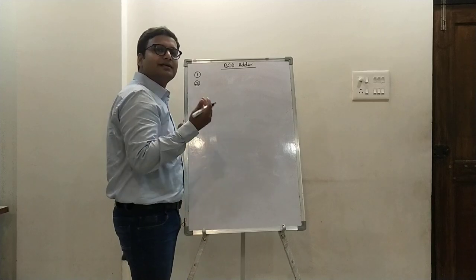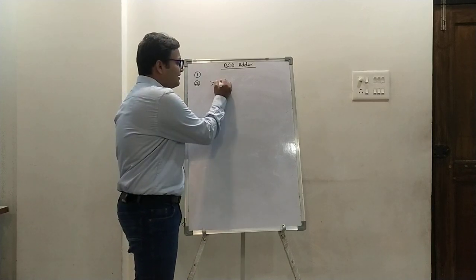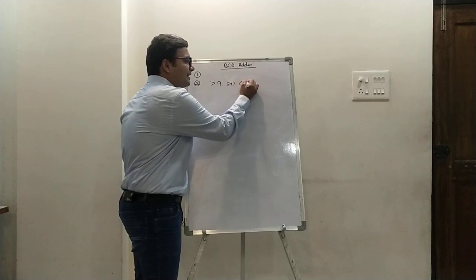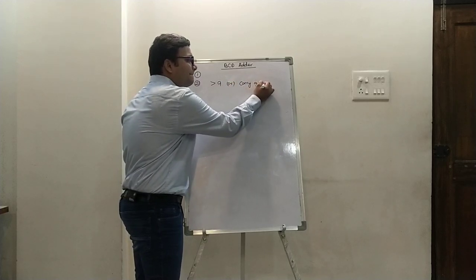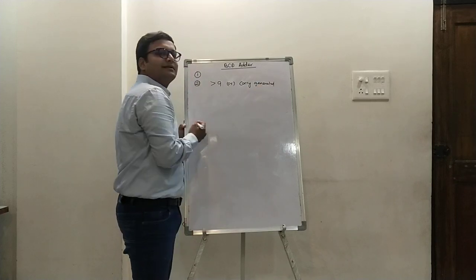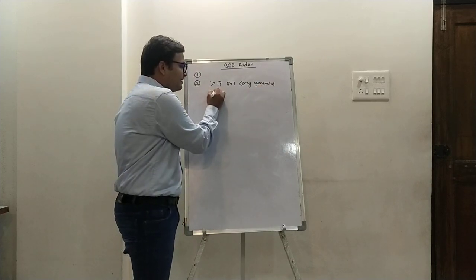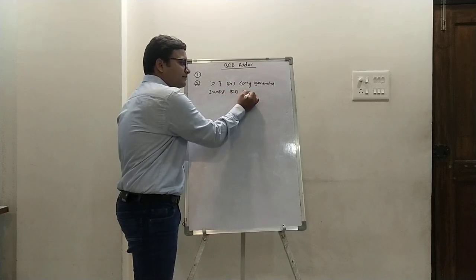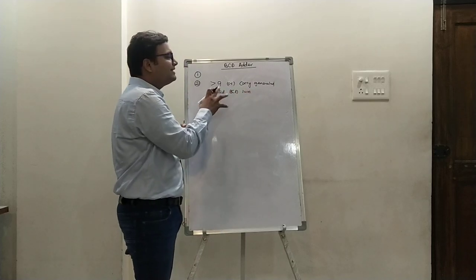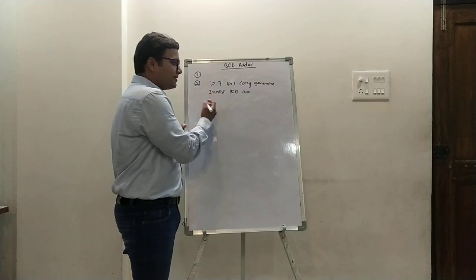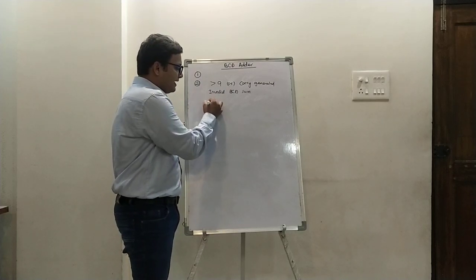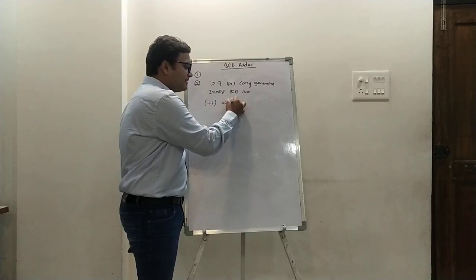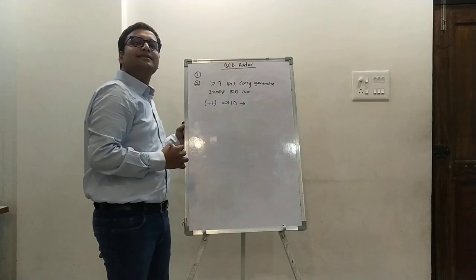If the result exceeds 9, or any carry is generated, then it's called an invalid BCD sum. In order to make it valid, we need a correction. That correction is nothing else: we have to add 6 to the invalid BCD sum to make a valid BCD sum.